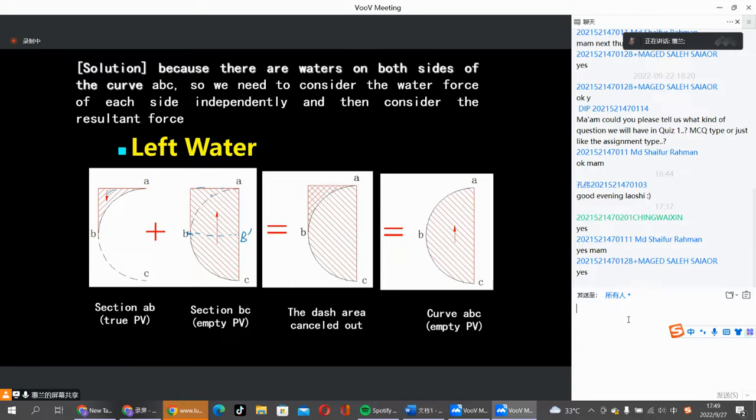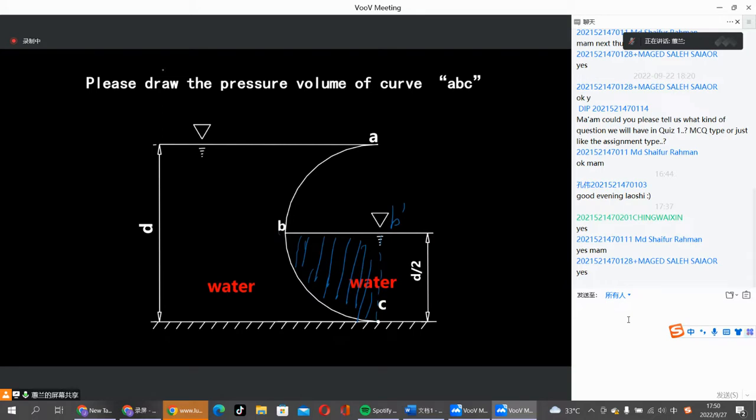Again, I repeat, the vertical force by the left water acting on curve ABC is equal to the weight of the fluid block ABC. Why? We just do it step by step. For curve ABC, we need to cut it into two halves. Because according to what we have learned before, the pressure is always perpendicular to the surface, right?